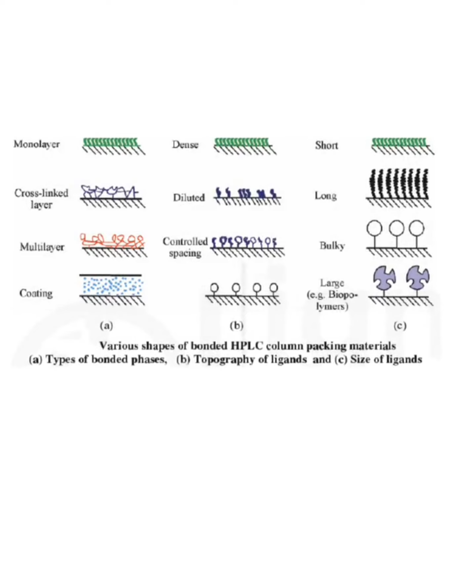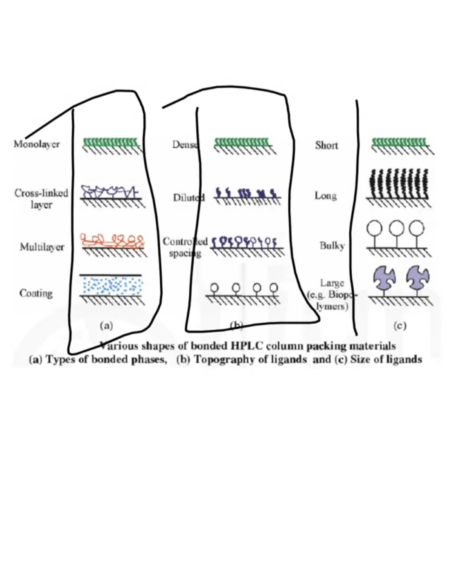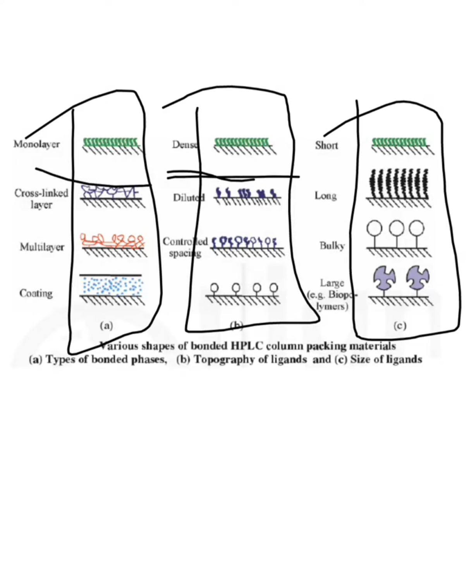A is the bonded phase, and B is the topography of the ligands. Ligands are nothing but molecules, and it depends on their size. For a monolayer, the ligand size is the same and short.